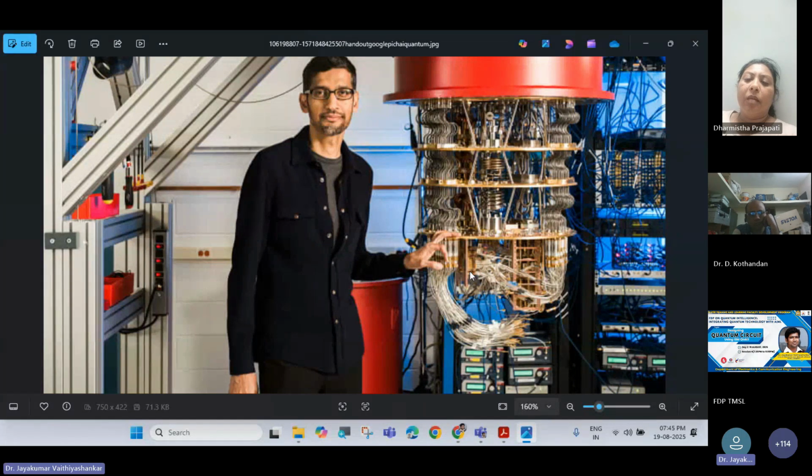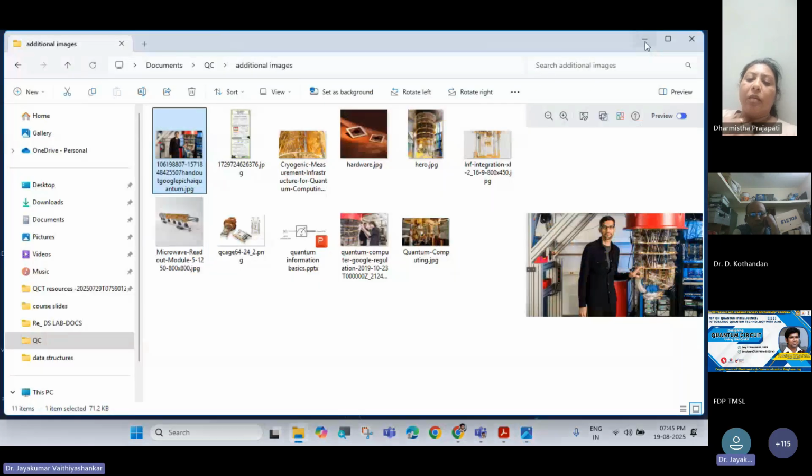So this computer is based upon superconducting quantum computer. There are many different architectures of quantum computer. In today's session, we're going to see how to write a quantum circuit, how to convert it into coding form, and how to execute it in a real-time system. These are the basic things we're going to cover within this 1.5 hours. So this is about today's topic.